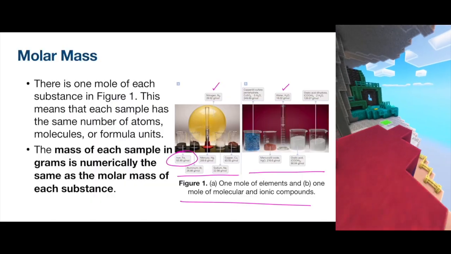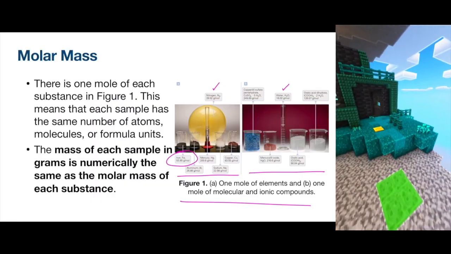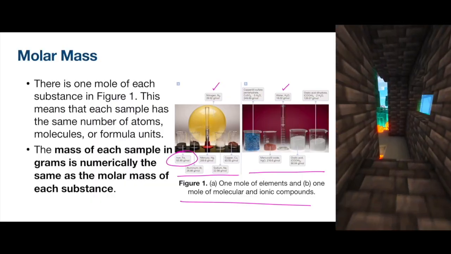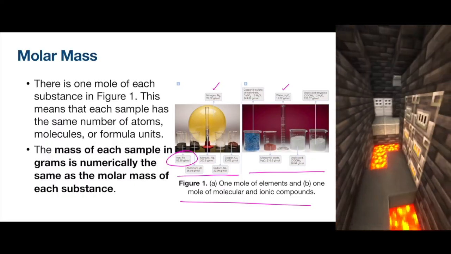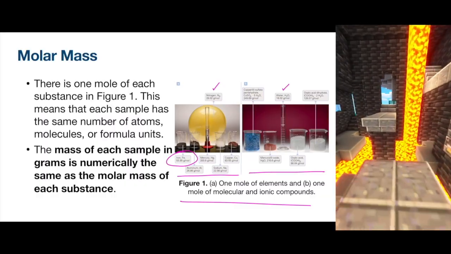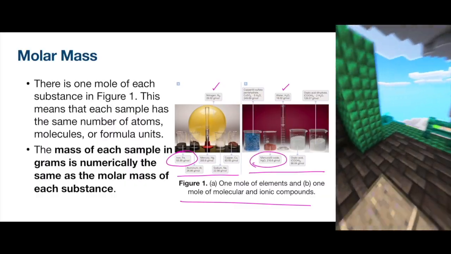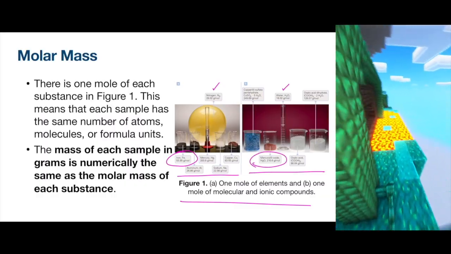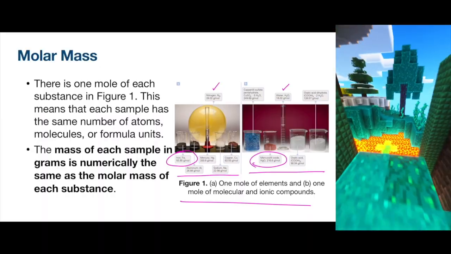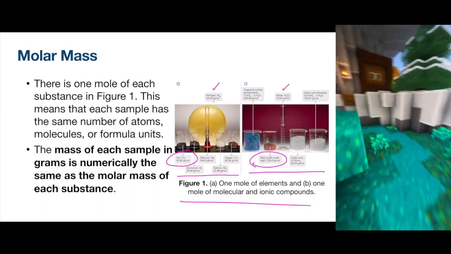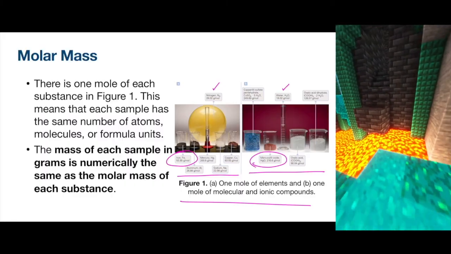The atomic mass of iron is 55.85 atomic mass units, and its molar mass is 55.85 grams per mole. On the other hand, the formula mass of mercury(II) oxide is 216.6 atomic mass units, and its molar mass is 216.6 grams per mole.